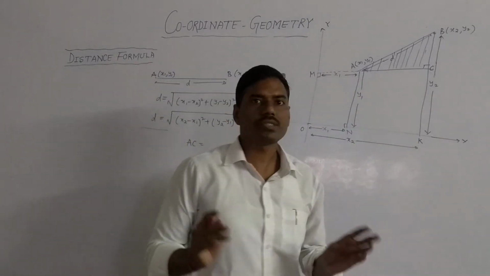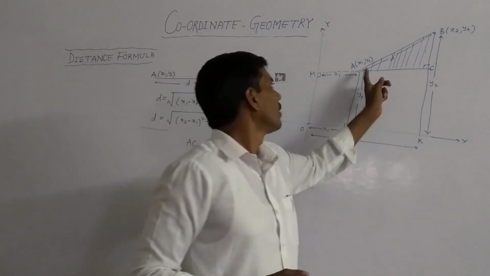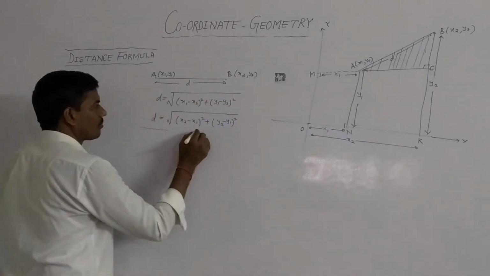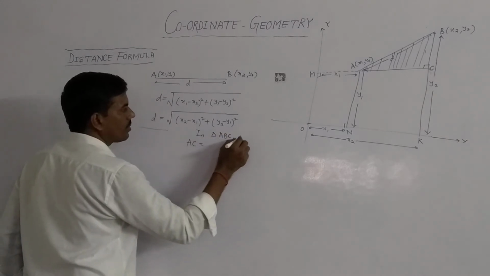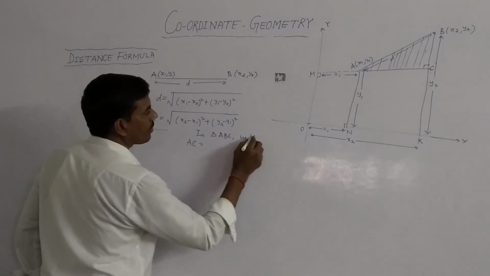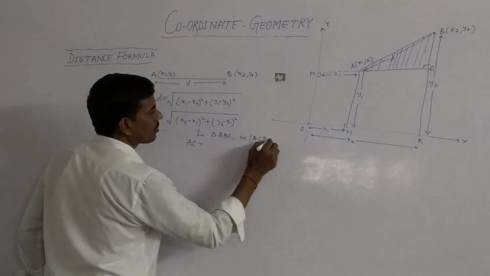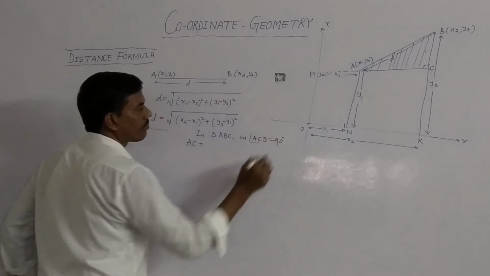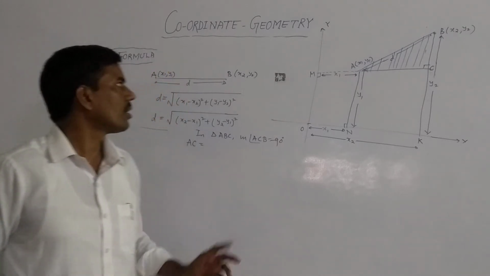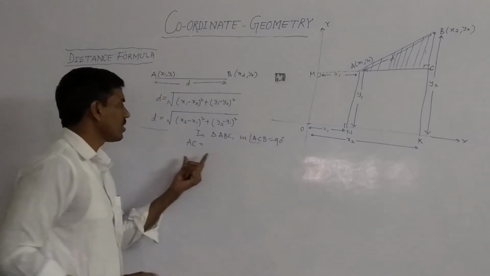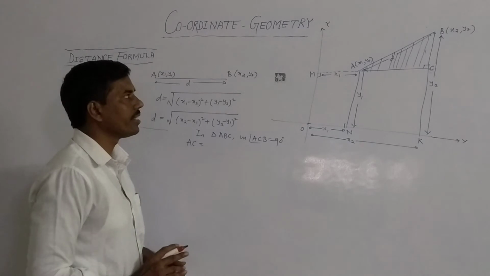A to C means, in right angle triangle ABC, the measurement of angle ACB is equal to 90 degrees by construction. So AC is the base of triangle ABC.